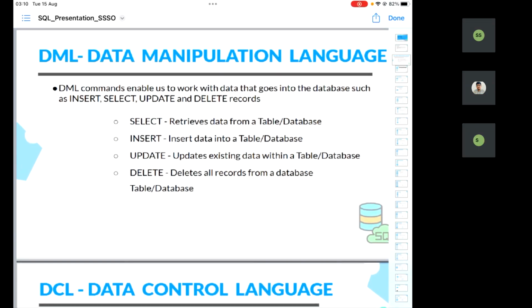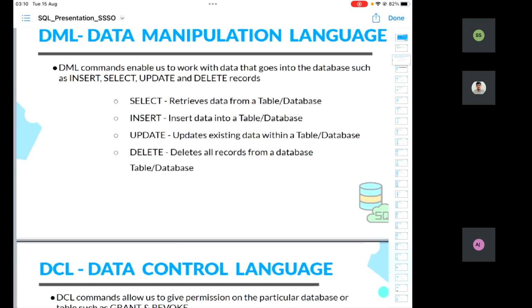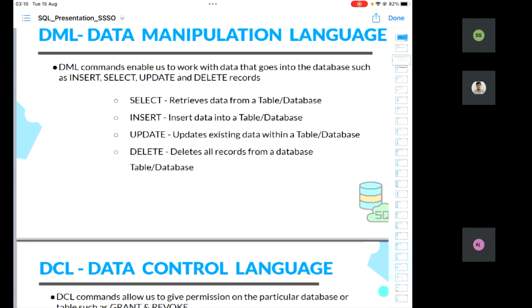So, I'm just repeating: select is where we retrieve the data from the table or a database, and insert is where you insert data. And then update is if you have existing data which we need to update in a table or a database.